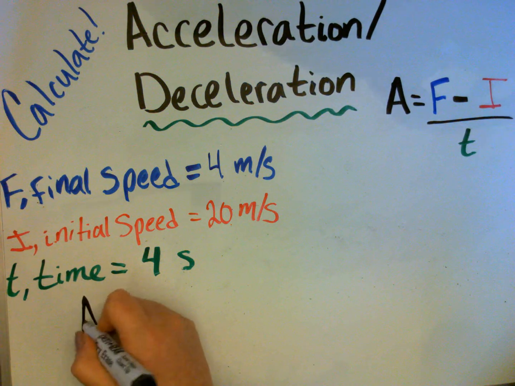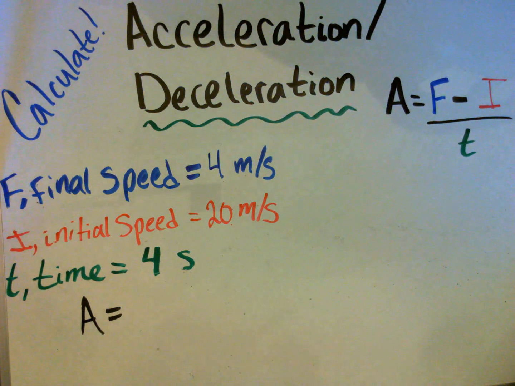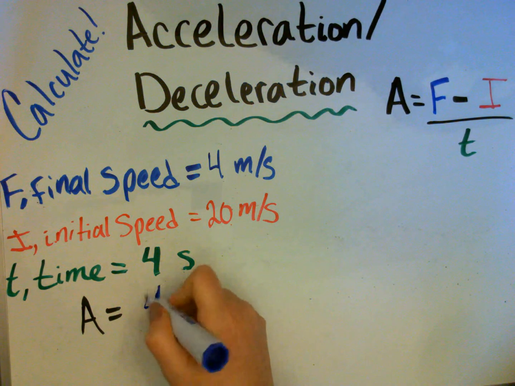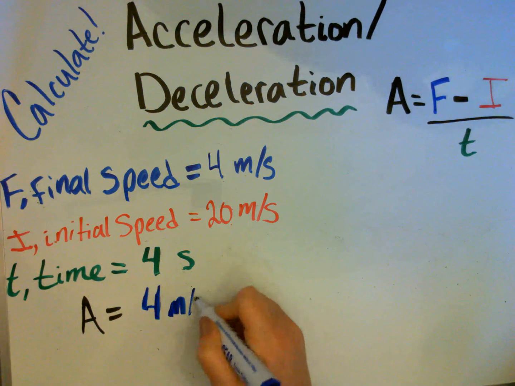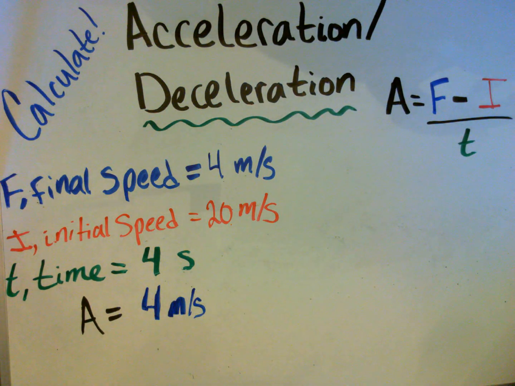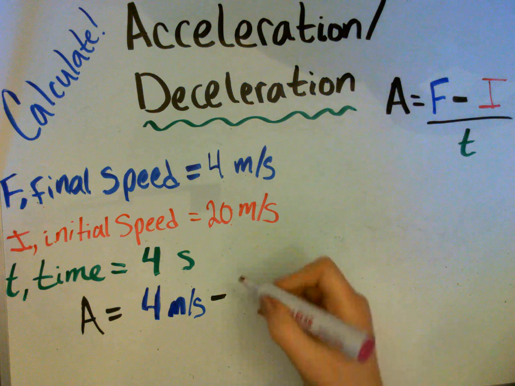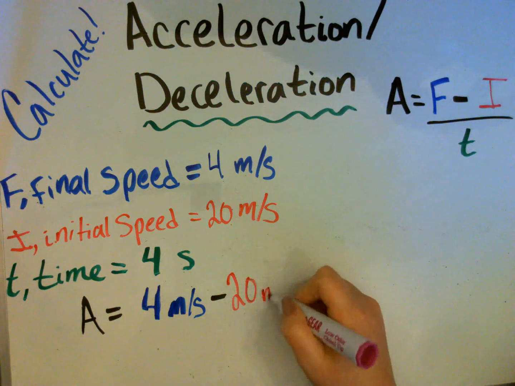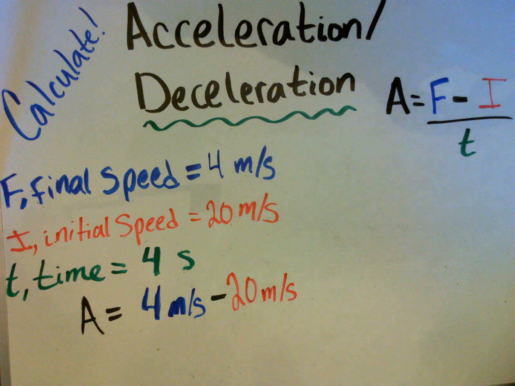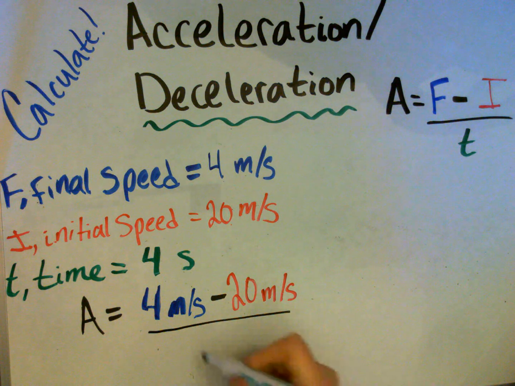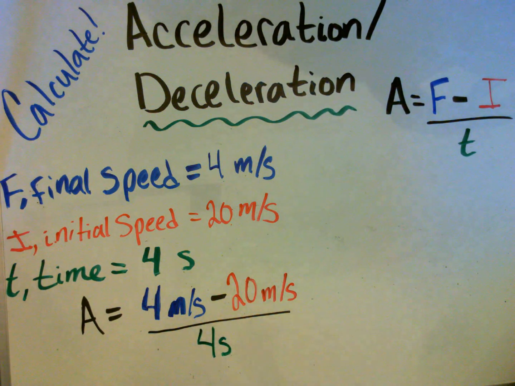We know that A, acceleration, equals final speed, 4 meters per second, minus initial speed, which is 20 meters per second, all divided by our time, which in this example we said is 4 seconds. So I want you to pause the video and take a second and solve this problem yourself.